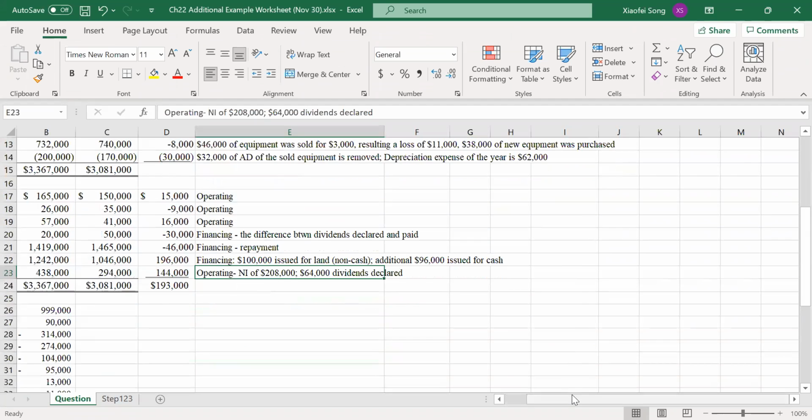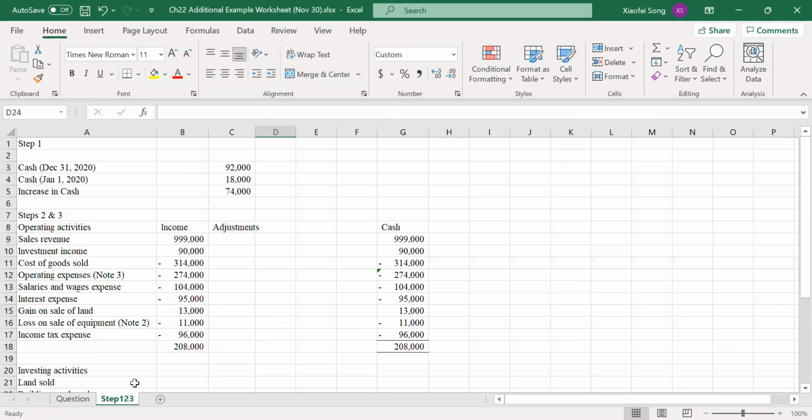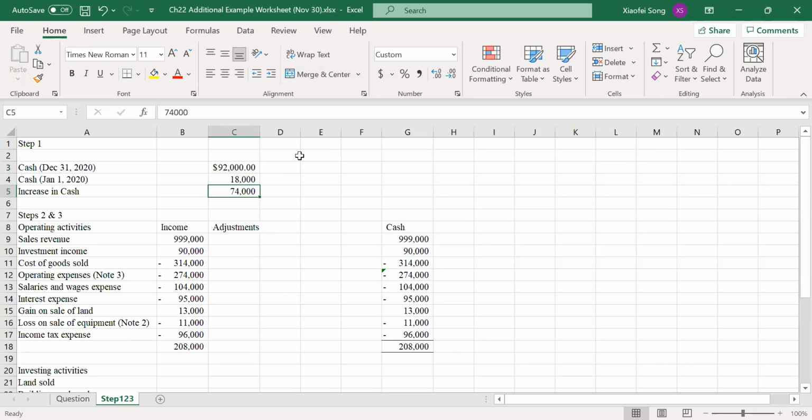so we analyzed all that, and as I said, it's even before step 1 of the four-step process, right? So I have steps 0, 1, 2, 3 set up here. I didn't do anything yet, except I did part 1, which is, we know there is a net decrease in cash of 74,000.